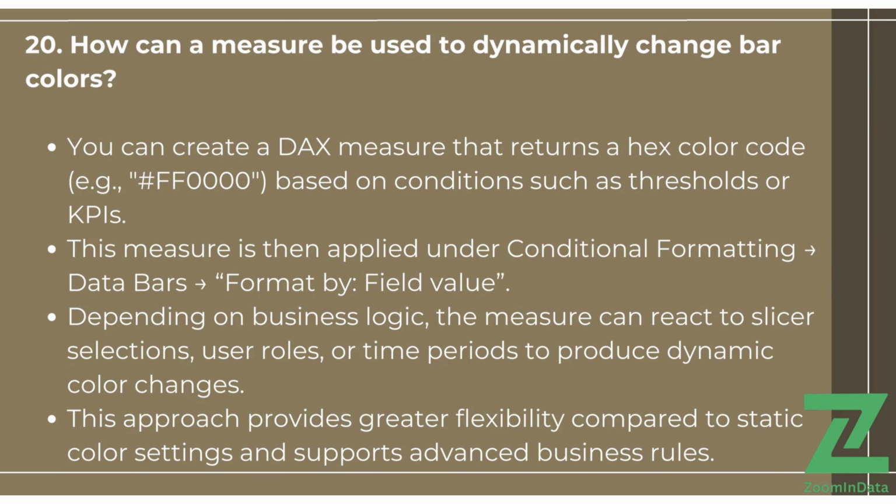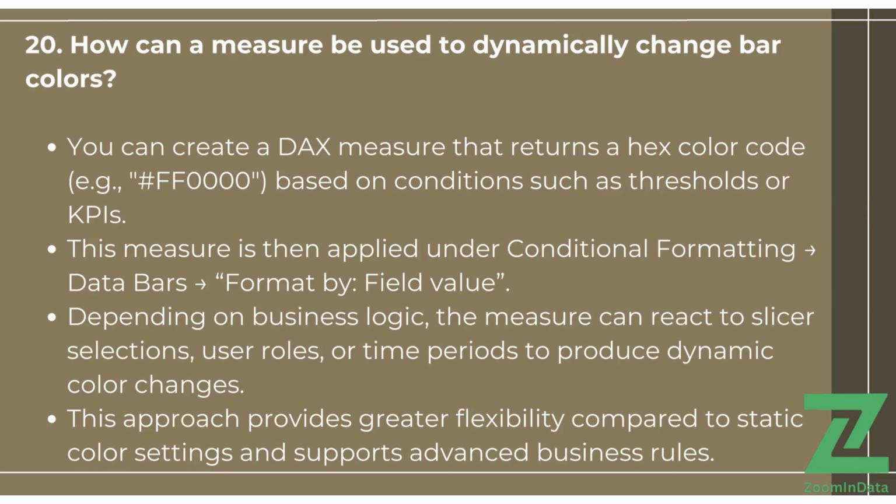20th question. How can a measure be used to dynamically change bar colors? A DAX measure can be created that returns a hexadecimal color code such as #FF0000 based on conditions like thresholds or key performance indicators.